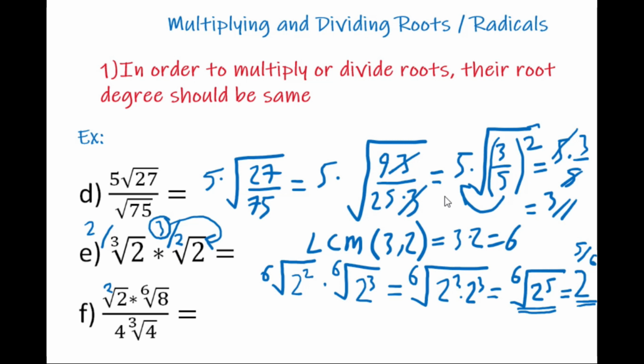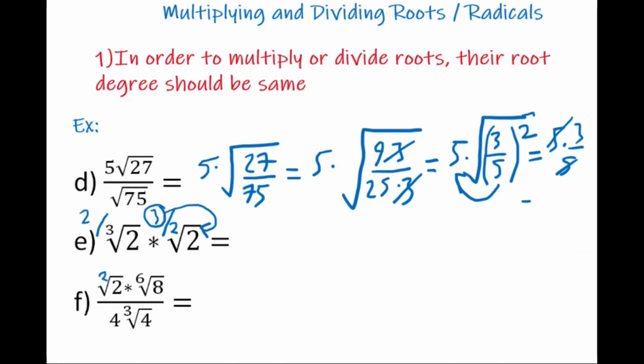I'm going to erase the first part because I need to make a little bit of space. We need to find the least common multiple of 2, 6, and 3, which are the root degrees. This is 6, of course.